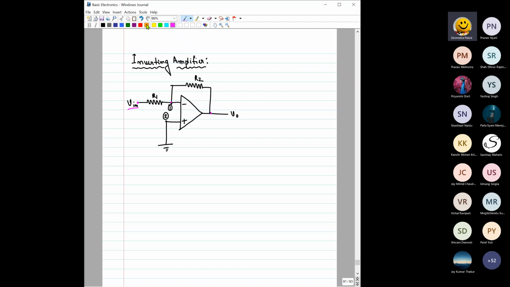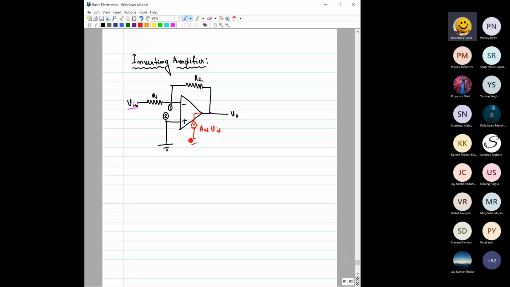But still, we are considering that the op-amp is ideal, and this is AOD, this is VID, and this open loop gain is infinite, very high.